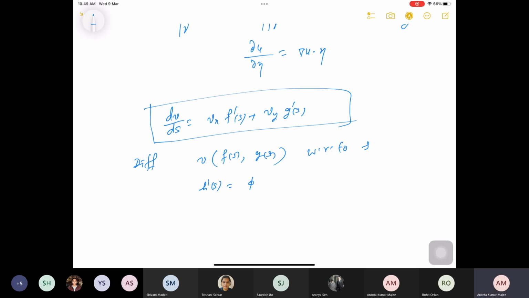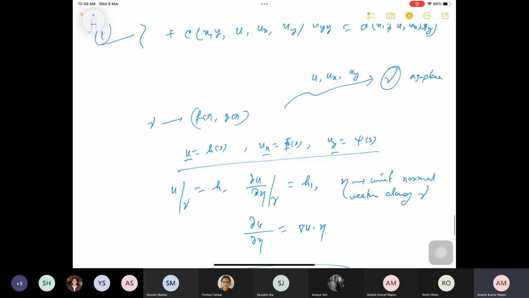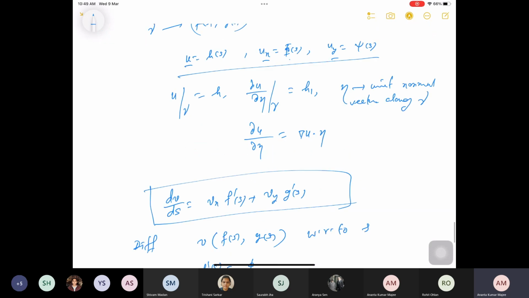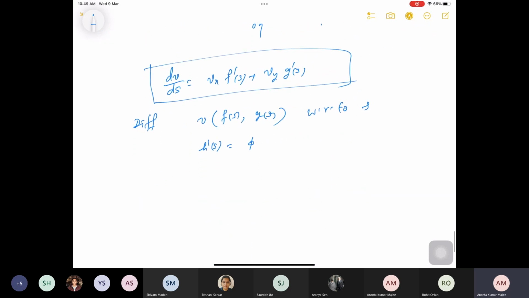Now the x coordinate is f of s and the y coordinate is g of s. If v is given on gamma by h of s, then differentiating, I have h prime of s, because the values of v and its first partial derivatives are connected along gamma by this compatibility condition.